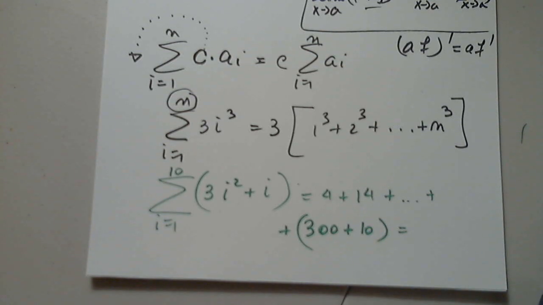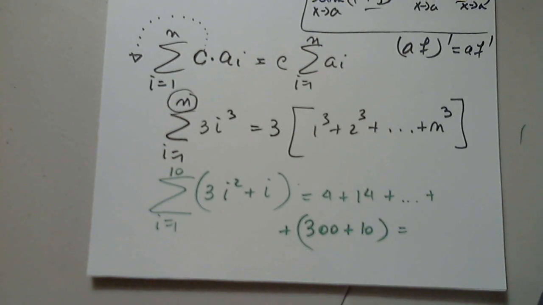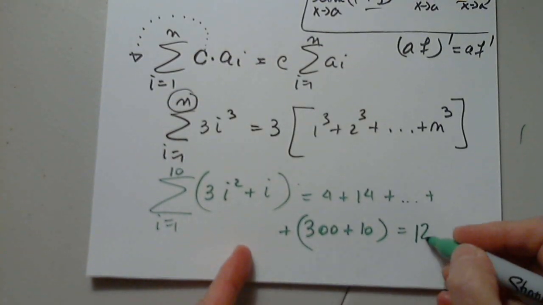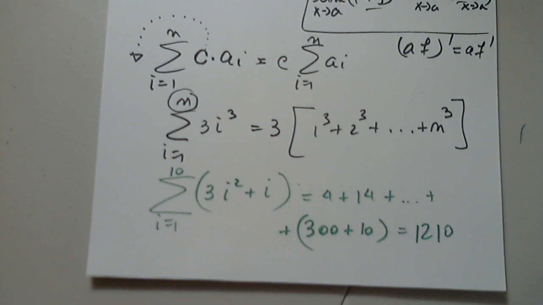Okay, up to 10. And then in parentheses, we have 3 I squared and plus I. And I press enter. I have no idea what I'm going to get because I did not think in any way, shape, or form. I just wanted to give you an example. 1210. Not too bad.